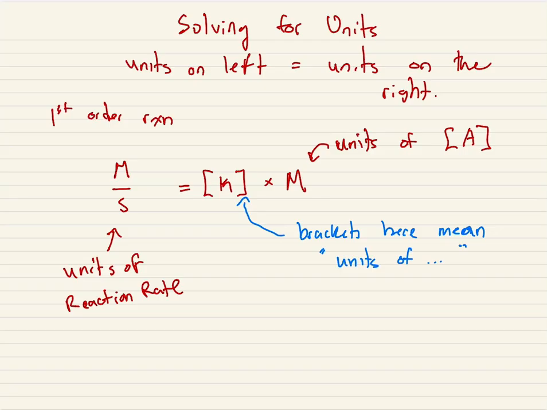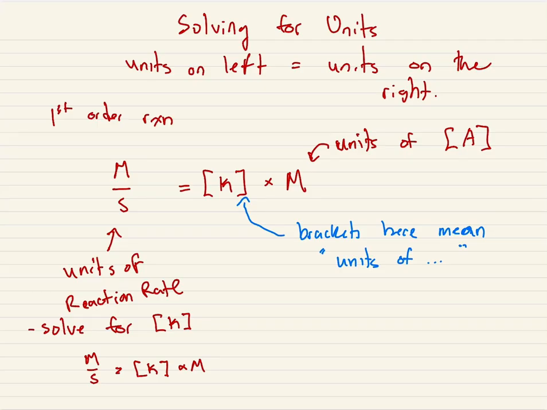So if we solve for k like that, what do we have to do to both sides? Yeah, we want to isolate k, so we're just going to divide both sides by the unit molarity. So we have units of lowercase k times molarity.